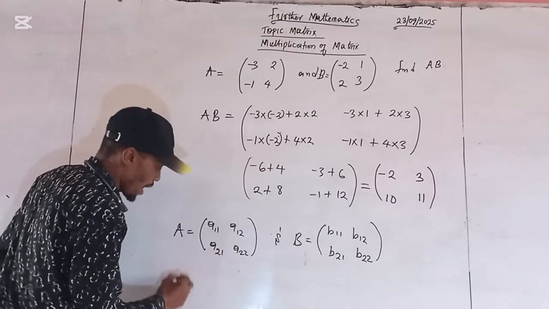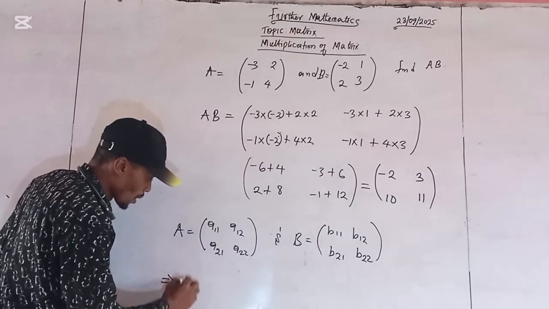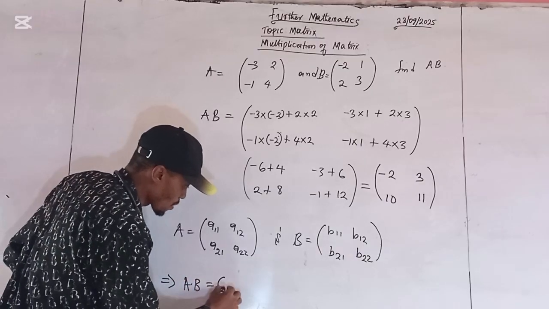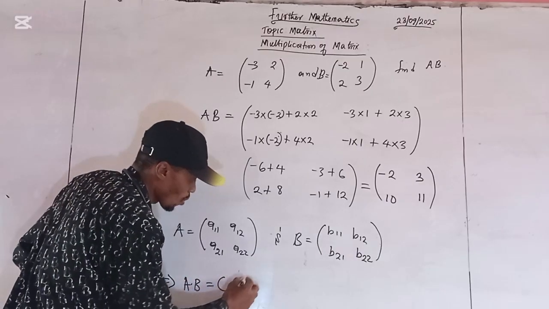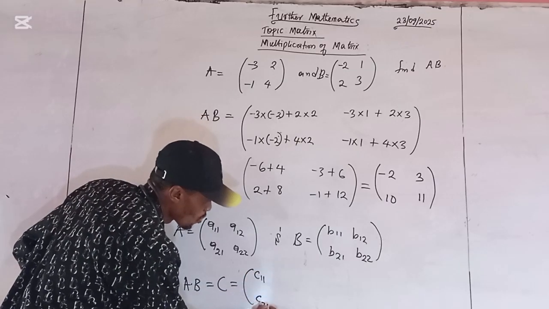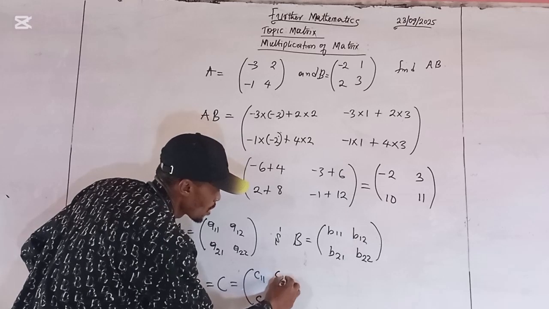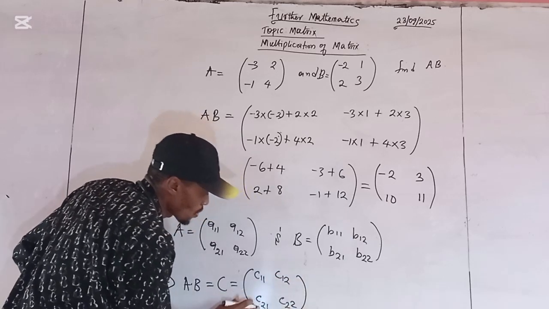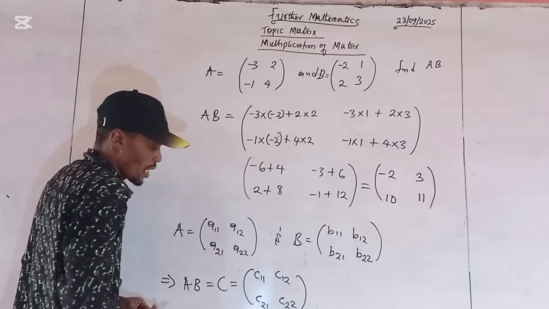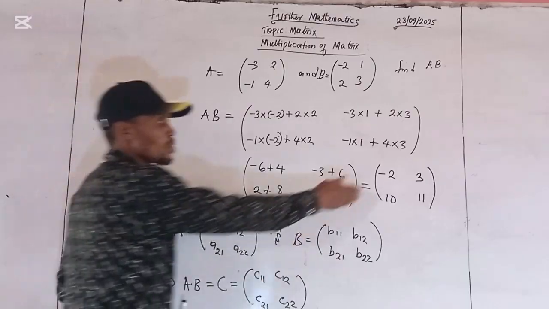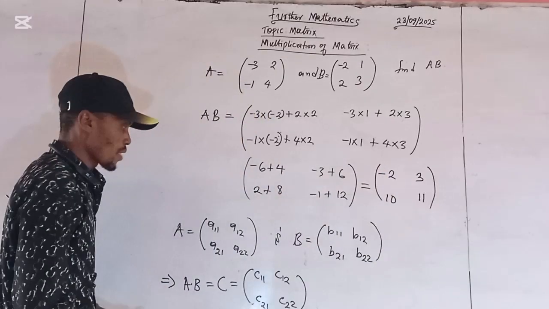This implies that A dot B will produce a matrix C which will be equal to C11, C21, C12, C22. So let us look in a general view at how we were able to arrive at this answer.